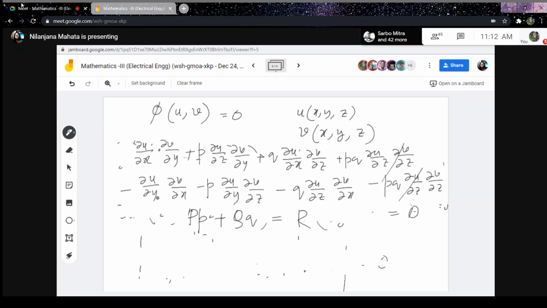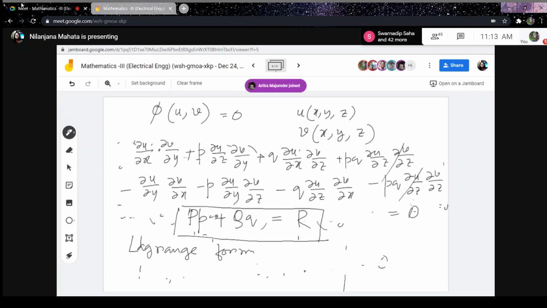You can see this is all in terms of X, Y and Z. So your P, Q and R all will be in terms of Ux, Vy, containing X, Y, Z. This is the Lagrange form. Okay, now we will see how to solve this type of first order partial differential equations when it is given in this form.